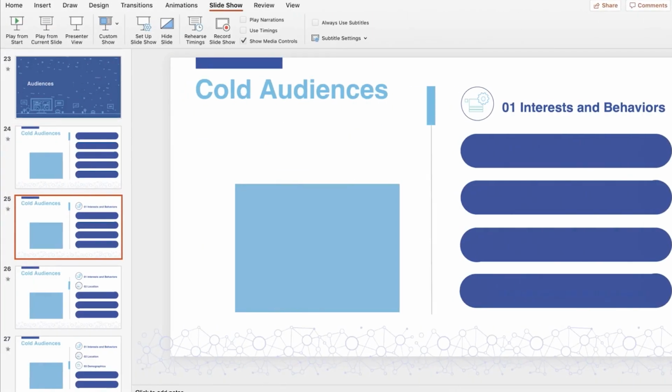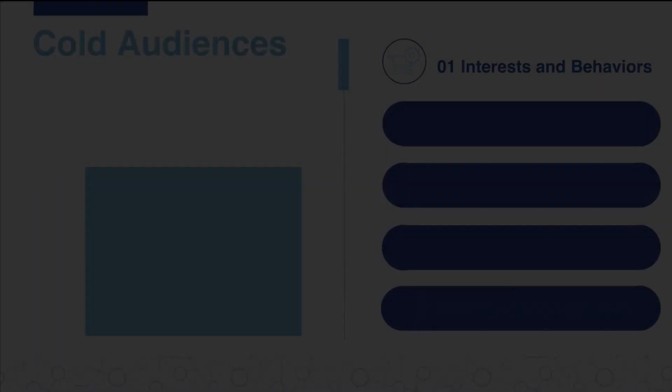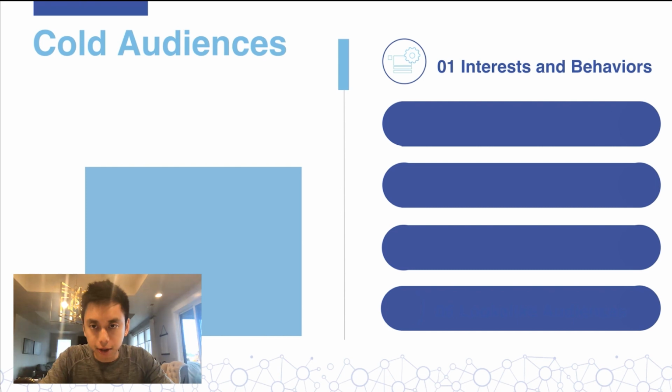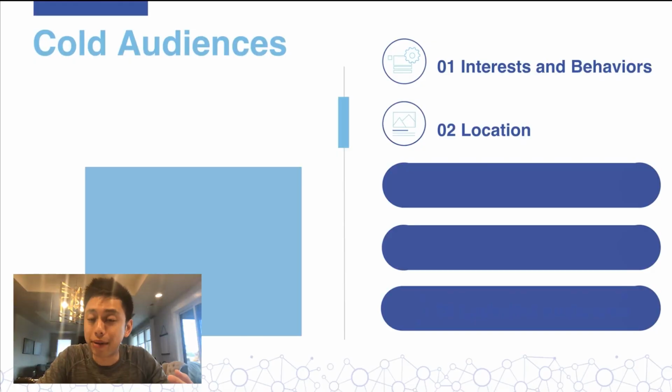Now, the first one here is to start thinking about who are the cold audiences. Now, this is the most basic level. Think about your product, program, service. What if you can target the people that are on Facebook based on their interests and their behaviors, based on who they like, the celebrities they follow, the pages they like? What if you can also target them based on their location?